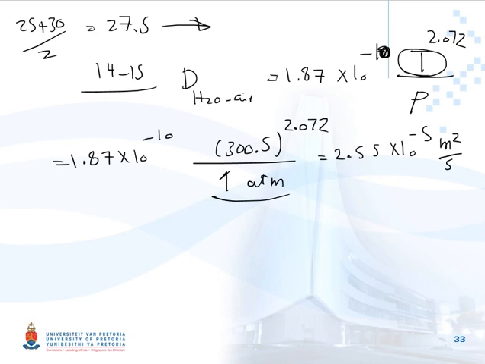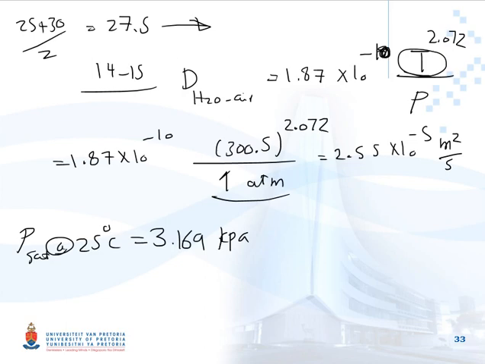So the saturation pressure of water at 25 is 3.169 kilopascal from the table.